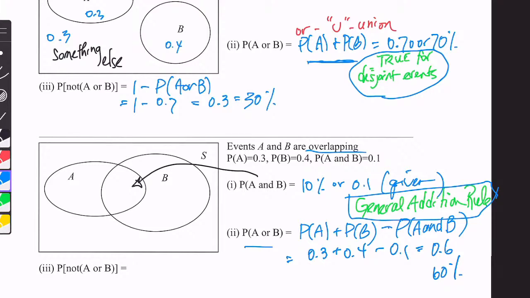And finally, we can also figure out something else out here. That's going to be 1 minus the chance of A or B. So that's 1 minus the 60% to give you 40%.